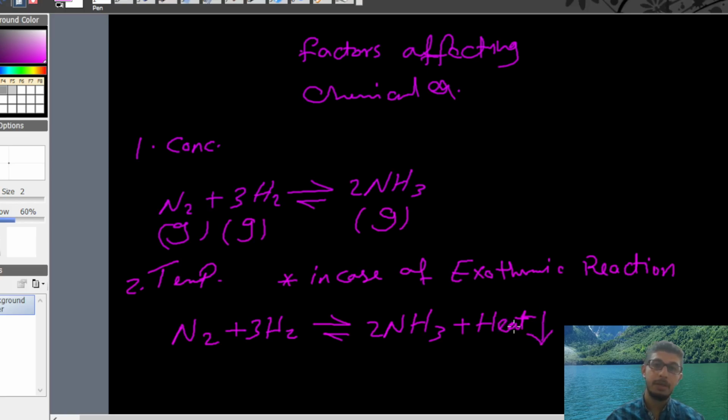What will happen to the concentration of ammonia gas? If I decrease the temperature, then the reaction will shift to the forward direction, and that means that the ammonia gas concentration will increase in this case.